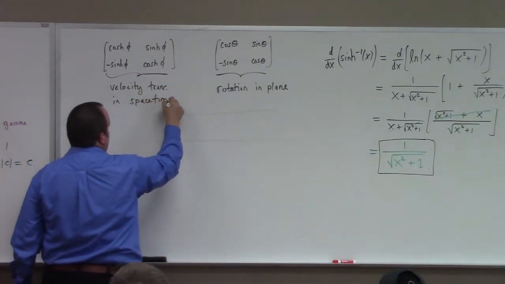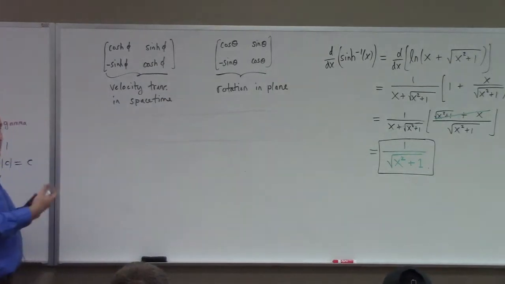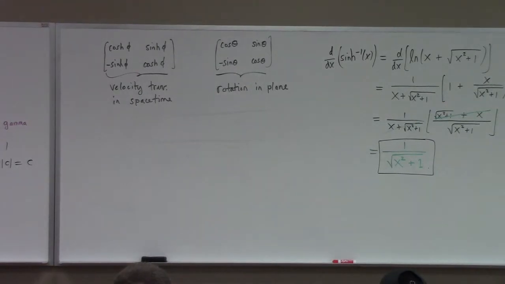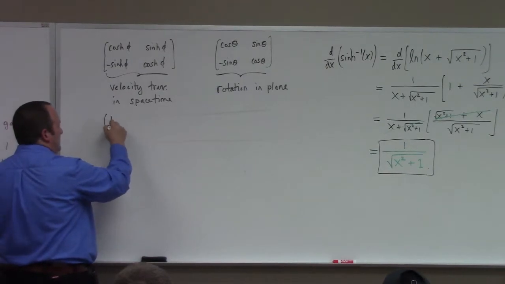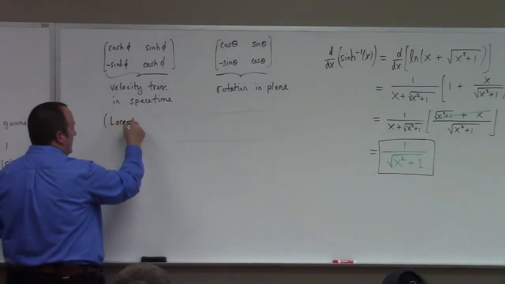So cosh and sinh play the role of the rotating factors in some sense in space-time. They play the same role as sine and cosine do for regular rotations, for when we mix space and time together in these new interesting things allowed by special relativity. This is the matrix of what's called a Lorentz transformation.